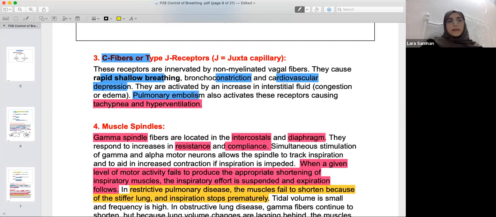Tachypnea: tachy is fast, pnea is the lung, so very fast breathing, or in other words, hyperventilation. Just don't confuse tachypnea with tachycardia. Tachy means fast, pnea is lung, and cardia is heart. So tachycardia means a very fast heartbeat, and tachypnea is very fast breathing, like hyperventilating.